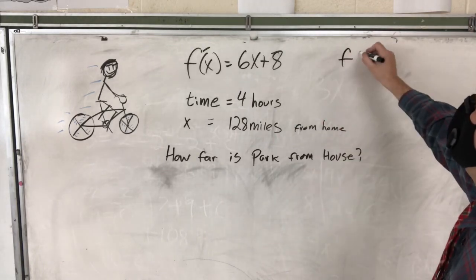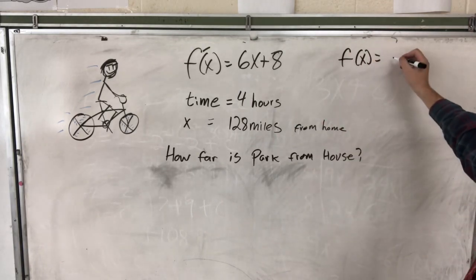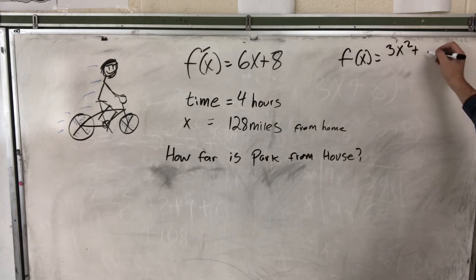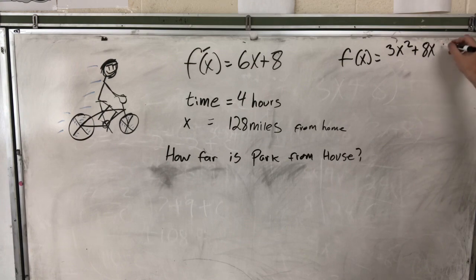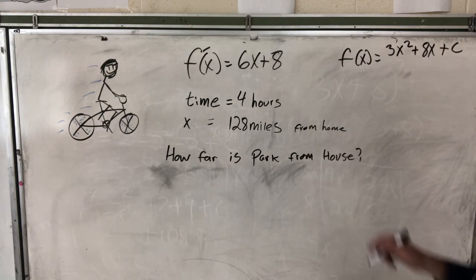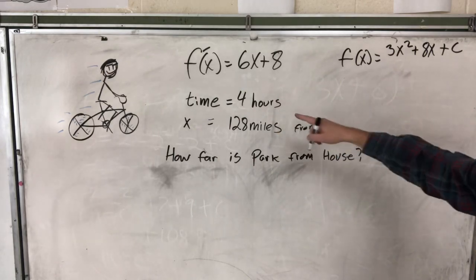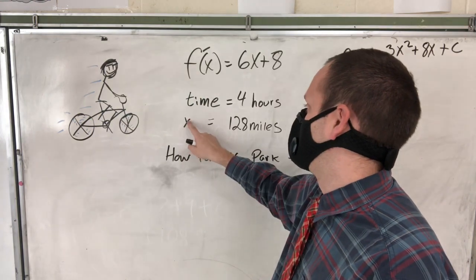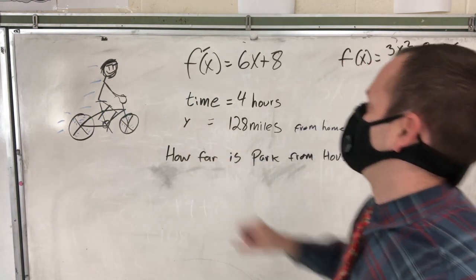This is going to give me f of x equals 3x squared plus 8x plus c. We want to figure out what c is, so I'm going to take these two numbers and plug them in. Time is my x. Sorry, this should be y. Y is my distance.